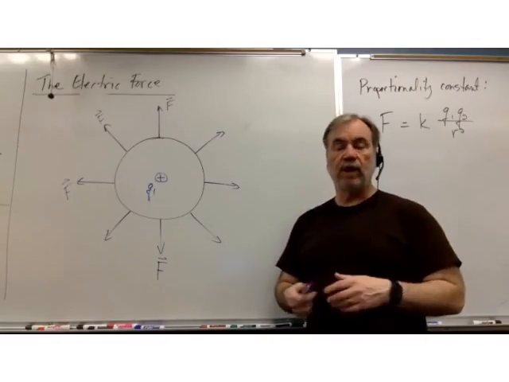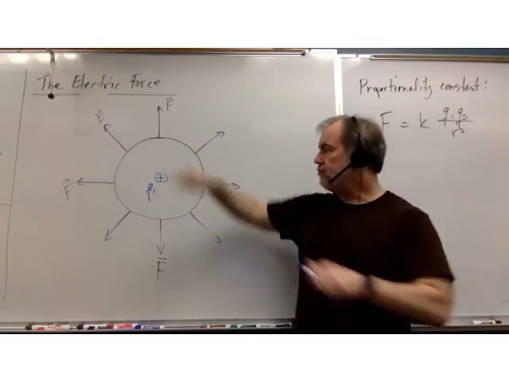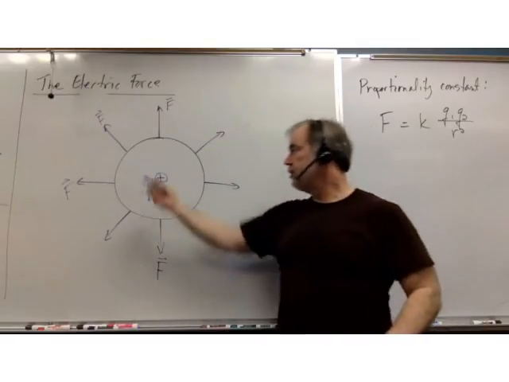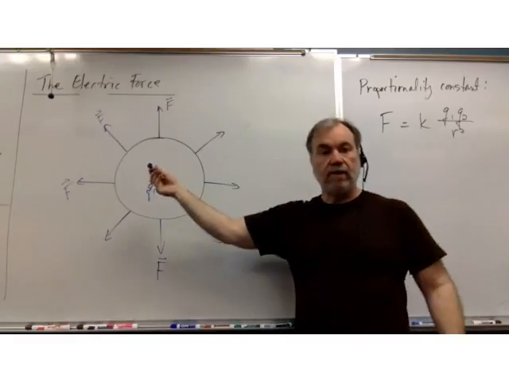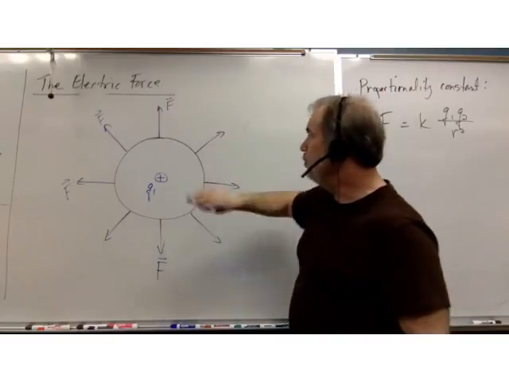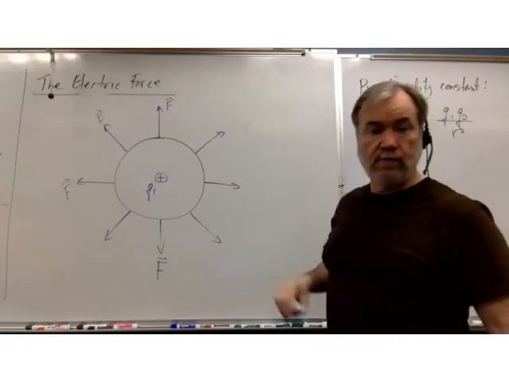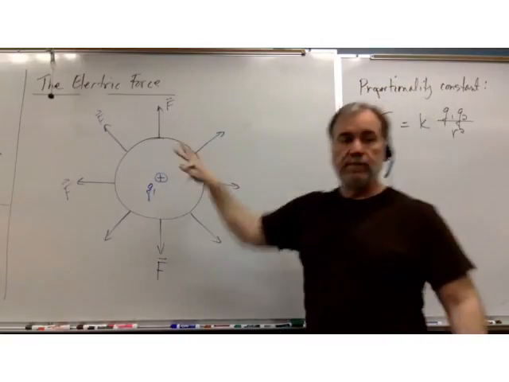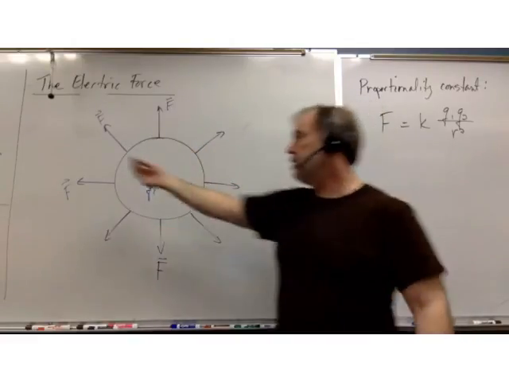Okay? And notice that all of these forces, now it's no longer easy to say, oh, well, the force vector is pointing in the x direction or the y direction or even the z direction, because, by the way, please notice that if I put a positive charge out here in front of the board, the force on it would point out of the board like this, okay? And, in fact, if I put a positive Q2 behind the whiteboard, its force vector would point away from the screen, out into the whiteboard, okay? So in other words, this is a three-dimensional construct. I could have force vectors point like this, out here like this.